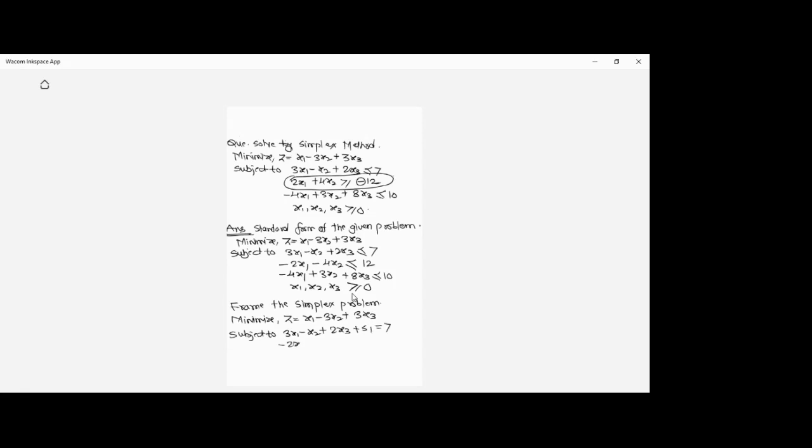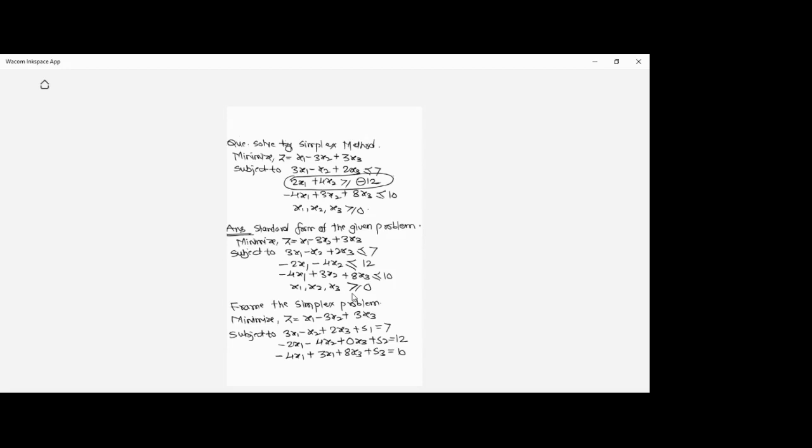Here it is minus 2x1 minus 4x2 plus 0x3 plus s2 is equal to 12. And next, minus 4x1 plus thrice x2 plus 8x3 plus s3 is equal to 10, right?